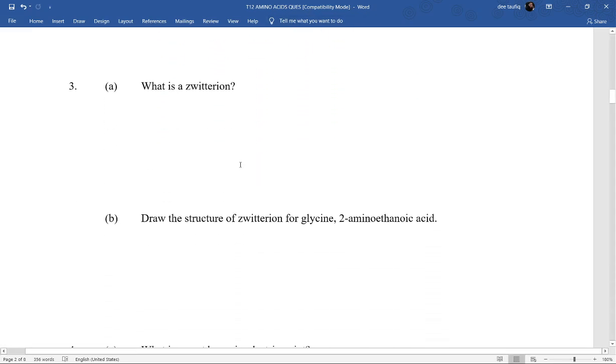Next, question number 3. What is a zwitterion? So, a zwitterion is a molecule that has both positive and negative charged parts.